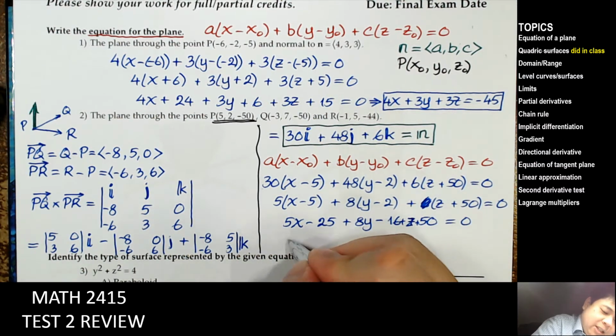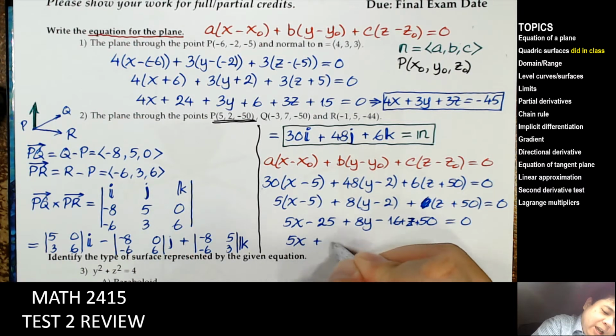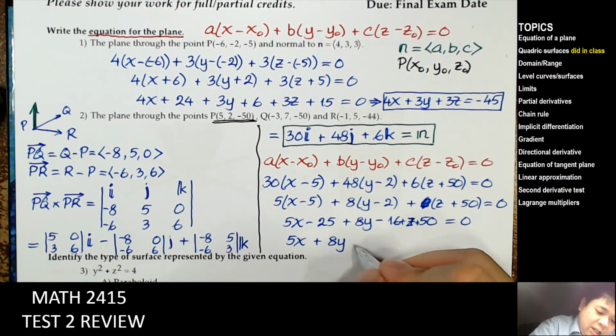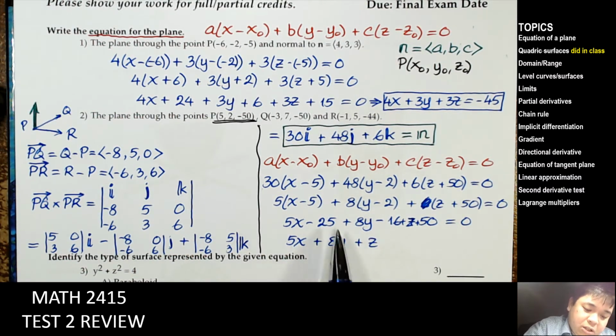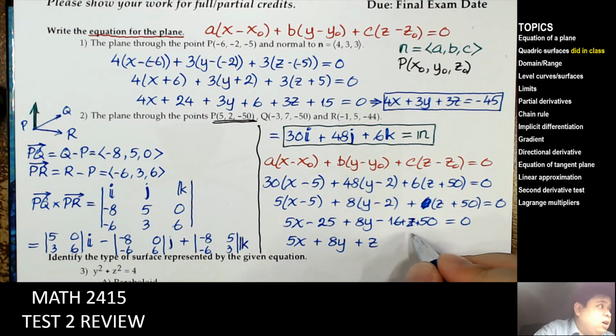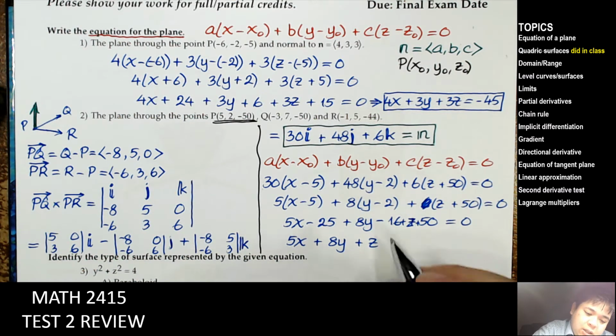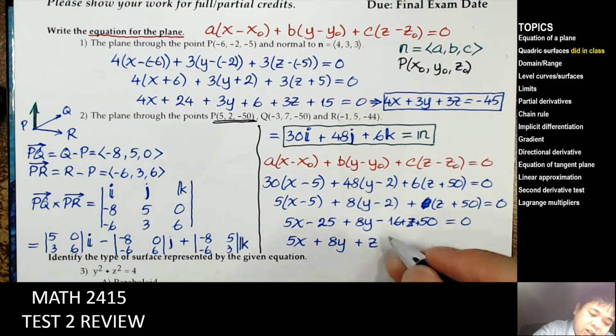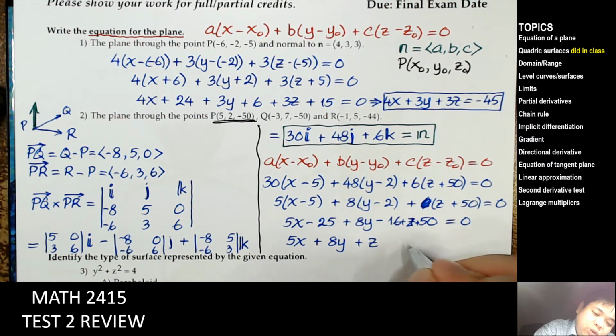So we have 5x and 8y and then z. The numbers negative 25, negative 16, that's negative 41, plus 50 is negative 9. I mean, negative 41 plus 50 is positive 9. And then move to the other side, so that is negative 9.